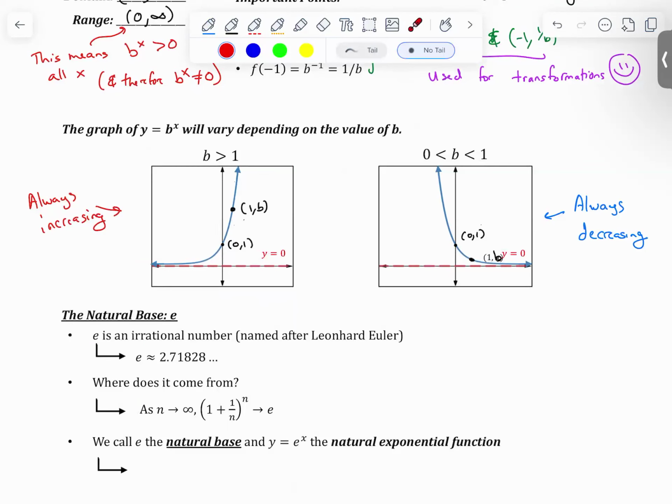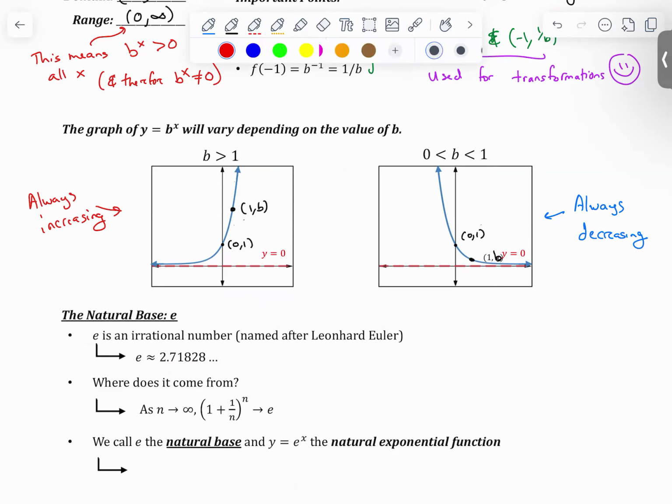Very, very famous mathematician, and he created this number, and it's approximately 2.71828, but it goes on forever, just like pi does, right? An approximation for pi would be 3.1415. 2.7182 is a good enough approximation for e. But the key thing is that e is just a number like any other number.